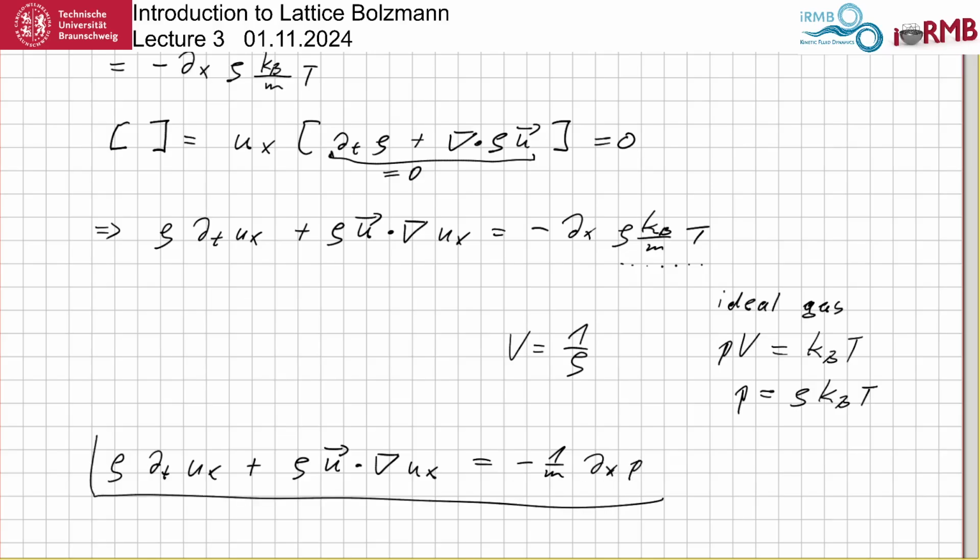And now this is a scalar equation, but you can of course do the same thing for the y direction and the z direction again, and you can imagine it will look exactly the same, and then this is a familiar equation. It's the Euler equation. Now we have to write the Euler equation from this.